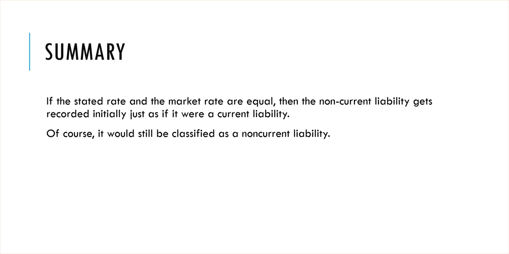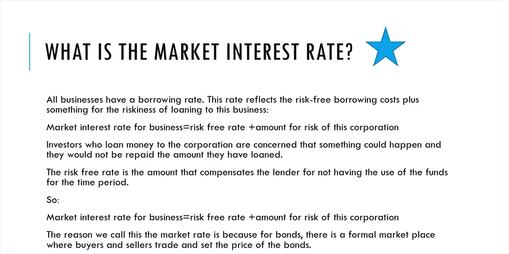The only time the present value and the maturity value end up being equal is when the stated and market rates are equal. Of course, if this is for more than a year, then we need to classify it as a non-current liability, and it shows up in a different part of the financial statement, the balance sheet.